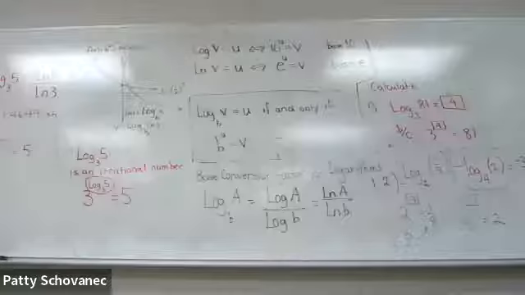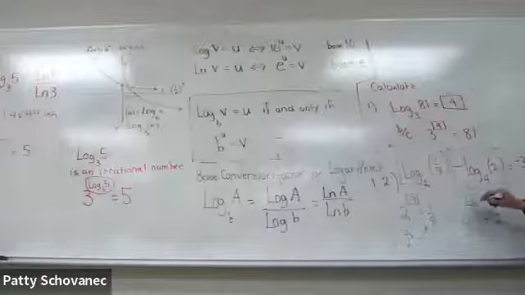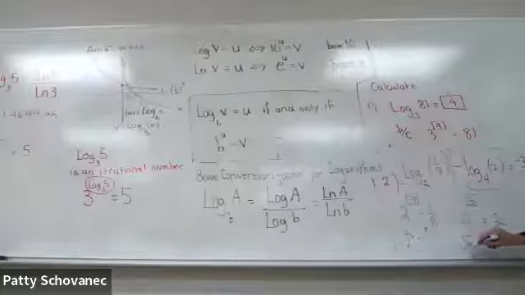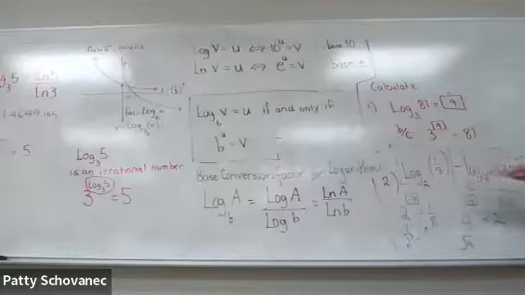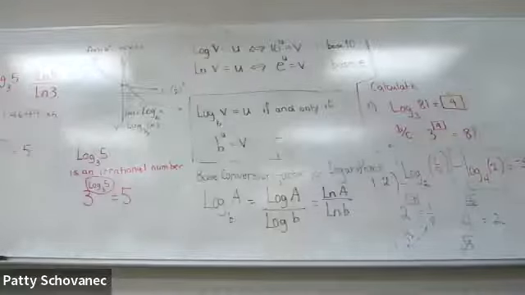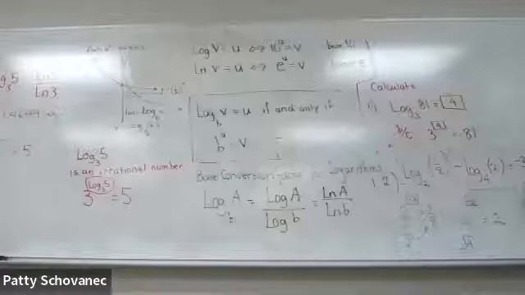What power is the square root? 1/2. 4 to the 1/2 is the same as the square root of 4, which is 2. So this number is representing a half. And so our final answer is -3.5, which is -7/2.